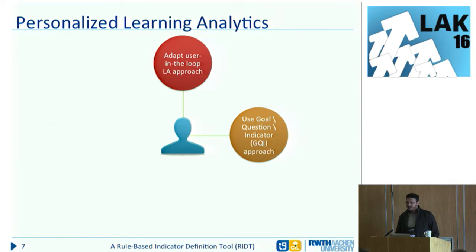So for them, the process should be very simple, and one of the approaches we thought of using is the goal-question-indicator approach, where a user first defines a goal. Then based on this goal, he has some analytics questions he wants to ask, and these analytics questions can be answered with a selected set of indicators. So this is the GQI approach that we thought of using in defining our interface and everything.